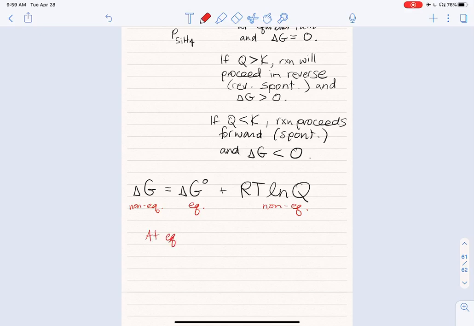So at equilibrium, Q is equal to K, and the expression becomes the equation that we started out with: delta G naught equals minus RT ln K. All right, so I hope that makes sense. And the actual manipulation of this equation is very easy.